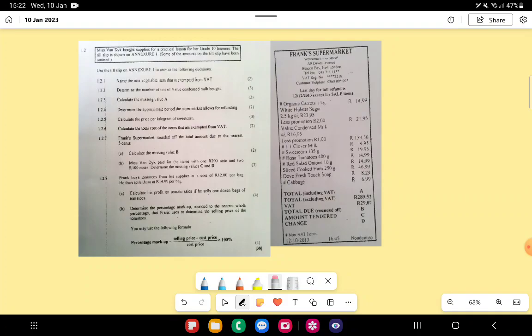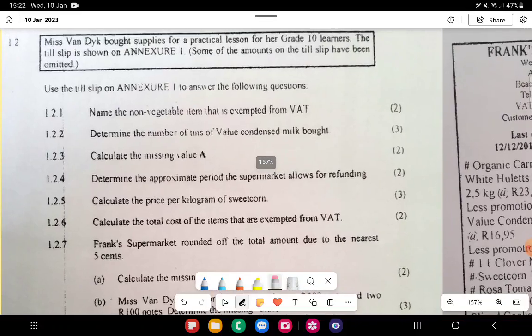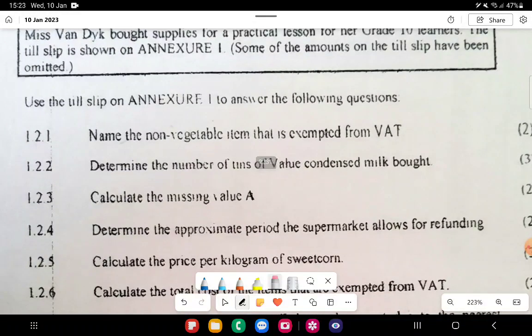1.2.1 says to us, name the non-vegetable item that is exempted from VAT. So mathematical literacy is all about words, and all of your questions are going to be word based, and you need to be able to understand what the question is saying to you. So the things that I want to highlight here is VAT. You need to know what is VAT before you can answer the question.